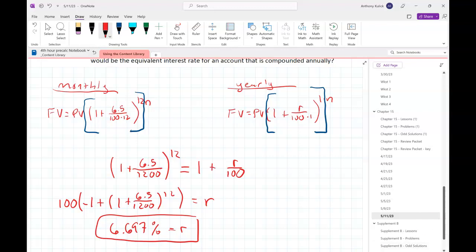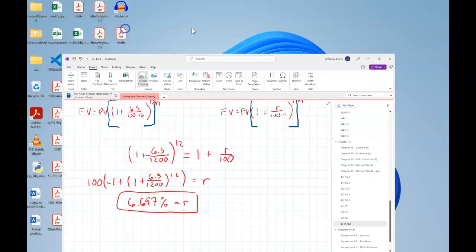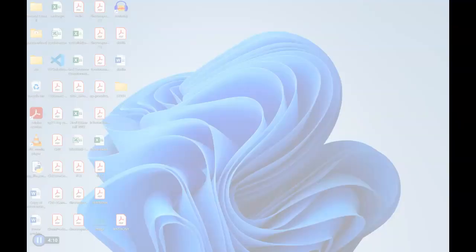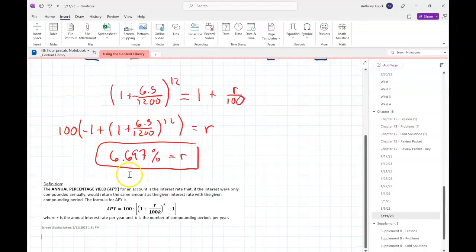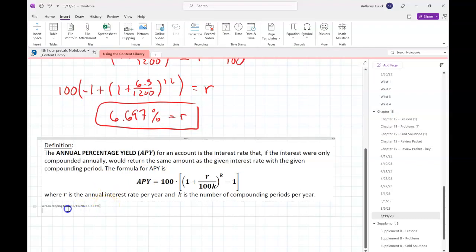So this idea of taking an interest rate that's compounded some amount and translating it into an equivalent interest rate for an annual compound gets a special name. This is the APY, annual percent yield, or in the case of a loan, I think it's the APR, annual percent rate.